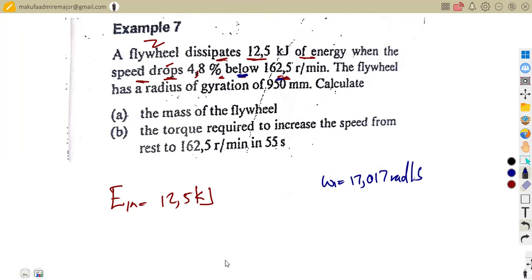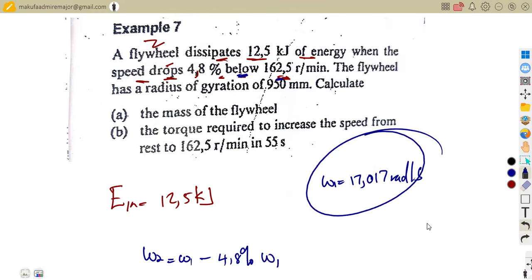So it means our omega 2 is going to be the difference. It's going to be omega 1 in rad per second minus the percentage that we are given there. So it's minus 4.8% of what? Of that same omega 1, because it was just dropped from omega 1.